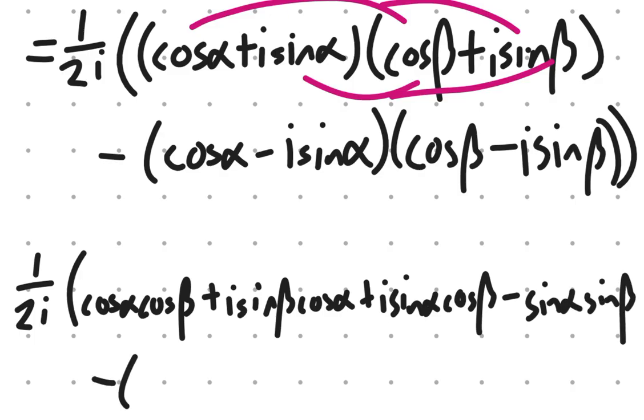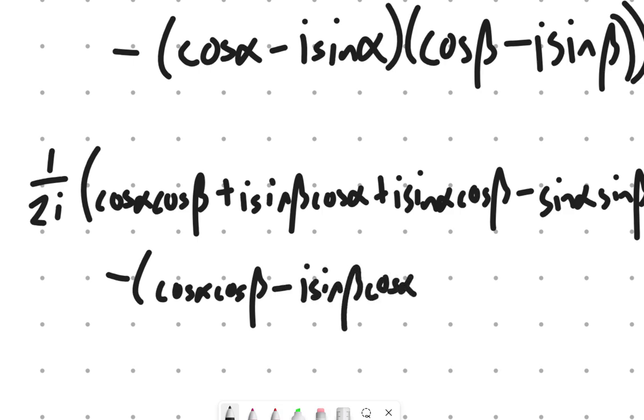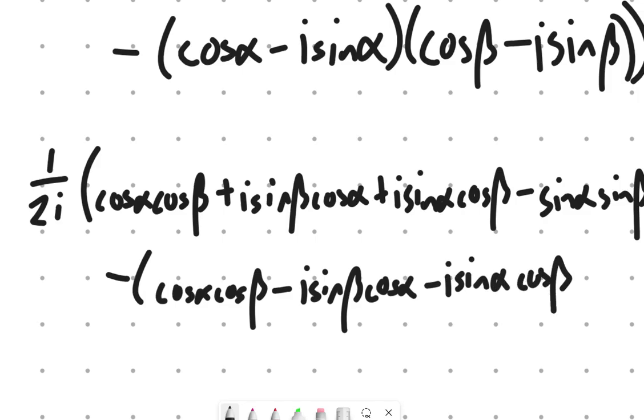Then minus the whole thing, which is equal to cosine alpha cosine beta, then minus i sine beta cosine alpha, then minus i sine alpha cosine beta, then minus times minus is plus, and i times i is minus, so we just get a minus again.